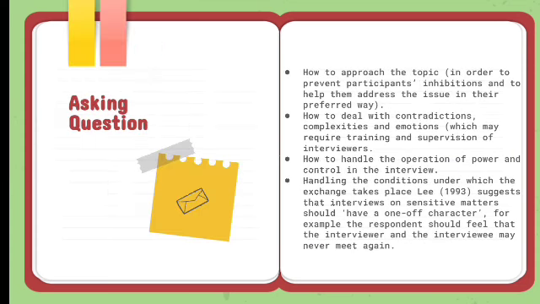Next is asking questions. In asking questions in research, Sudman and Bradburn, 1982, suggest that open questions might be preferable to closed questions and long questions might be preferable to short questions. Both of these enable respondents to answer in their own words, which might be more suitable for sensitive topics.